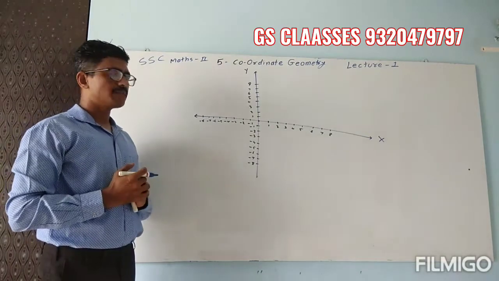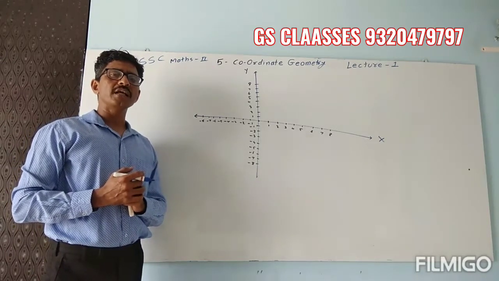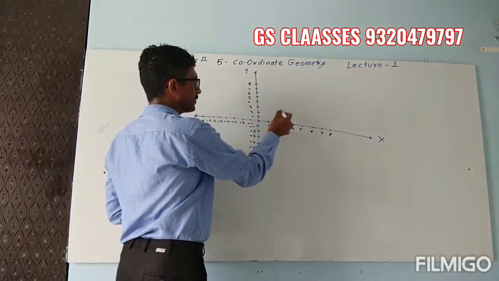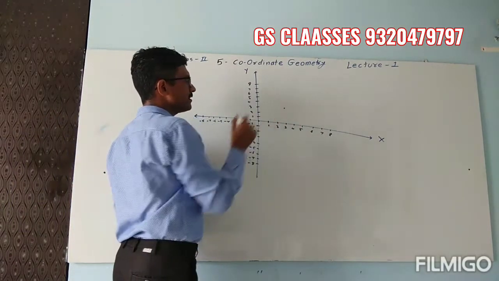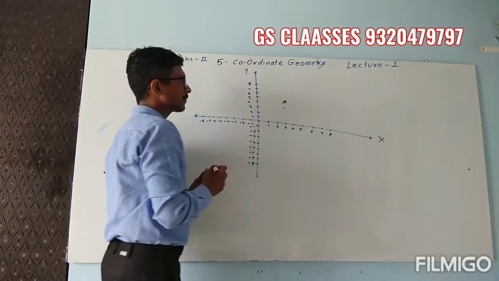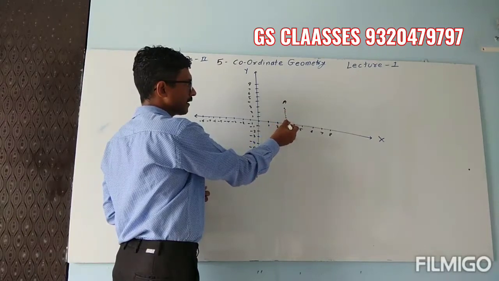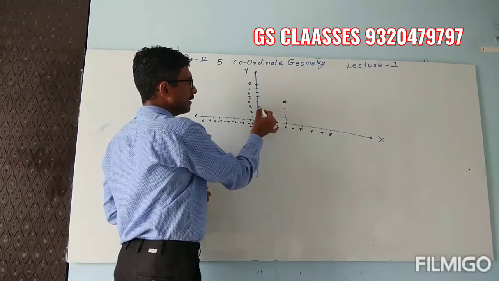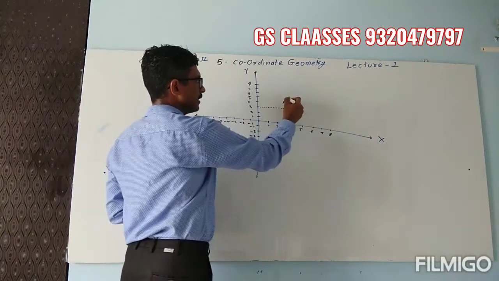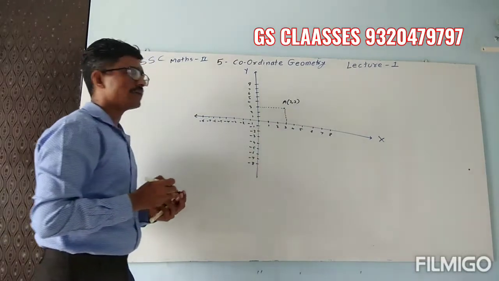Now children, this coordinate system becomes very useful in finding the location of any point. If a point is here, say A, I will drop a perpendicular to the x-axis, as well as a perpendicular to the y-axis, and the notation will be (3, 3).